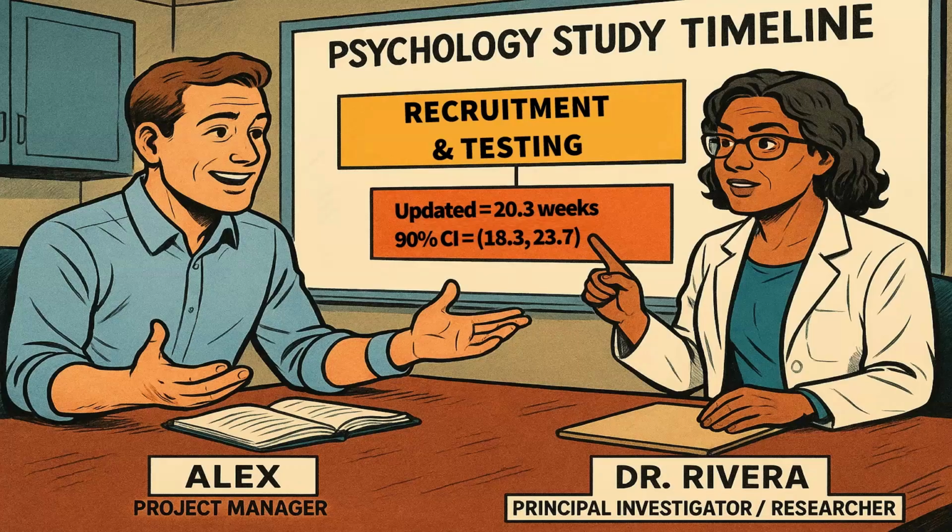So Dr. Rivera here would be ecstatic if the confidence interval was incorrect, but it was incorrect on the lower boundary. So if Alex came in there and said, hey, you know what? Something happened, it was unexpected, and we're now going to finish this project in 15 weeks instead of the 18.3 weeks, Dr. Rivera would be over the moon.